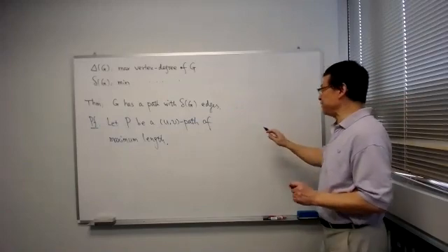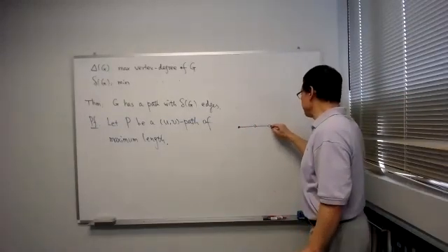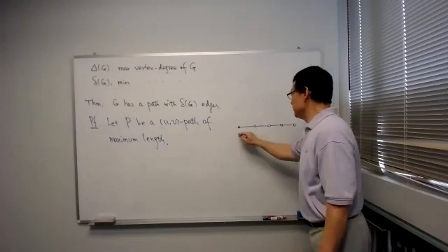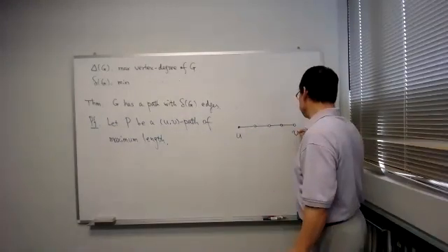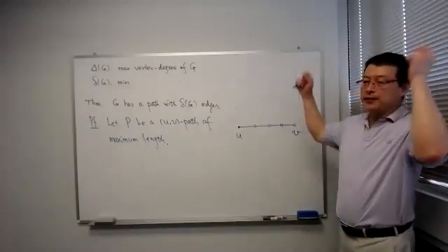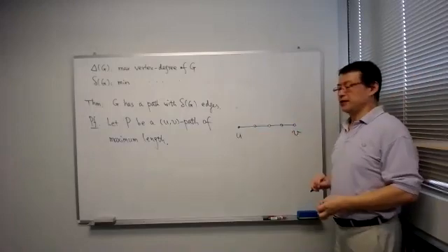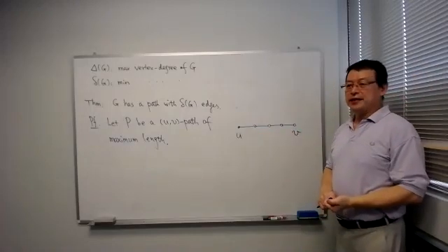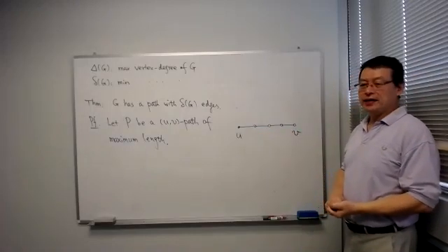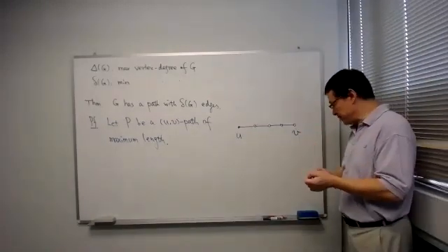So here the extreme case is that suppose we have a longest path between two vertices, U and V. So that path is as long as possible. Among all possible paths, we have a longest path between two vertices, U and V. All right. Okay. So we assume we have such a path. We always have such a path.